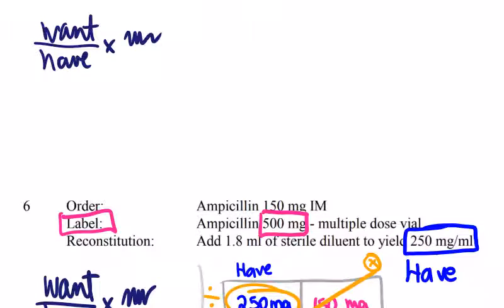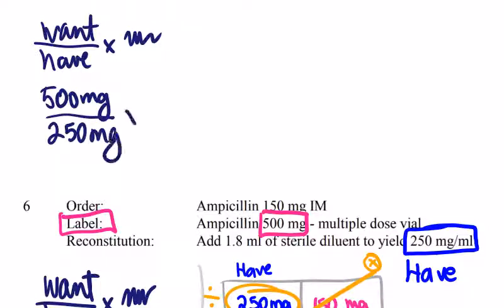This time we want the 500 milligrams simply because we want the total volume. So we have to use the total active ingredient in the vial. So want 500, we have the same 250 and multiply by the third number, that 1 ml.